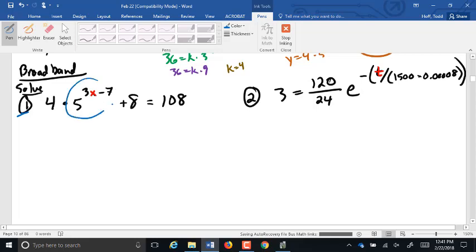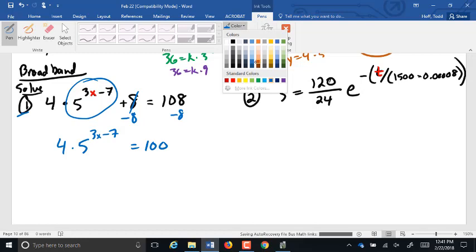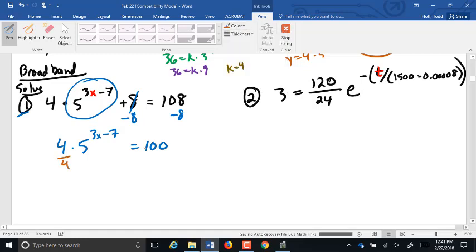We're going to isolate. Okay, yes, we have to isolate the exponential, so we're going to subtract 8. So 4 times 5 to the power of 3x minus 7 equals 100, and then what? Divide by 4. So 5 to the power of 3x minus 7 equals 25.